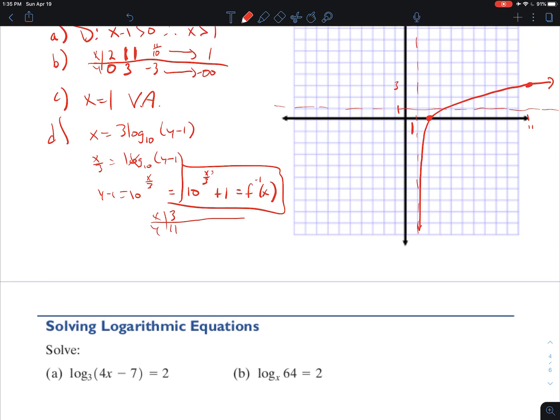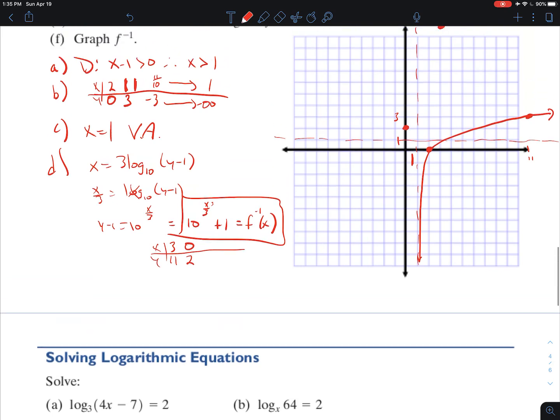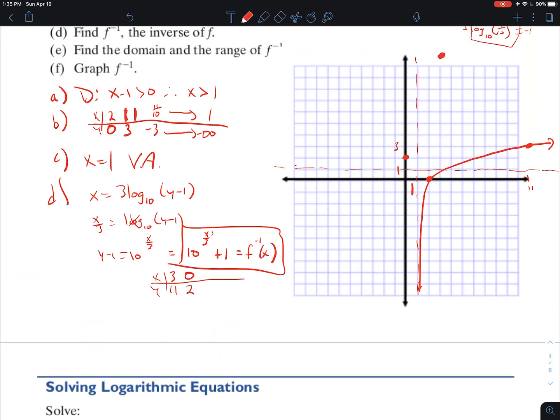I can plug in 0, can't I? I could plug in 10 to the 0 over 3, which is 10 to the 0. And then that's 1. 1 plus 1 is 2. So (0, 2), it goes through there. And this is exponential growth, so it's going to look like this. There we go.